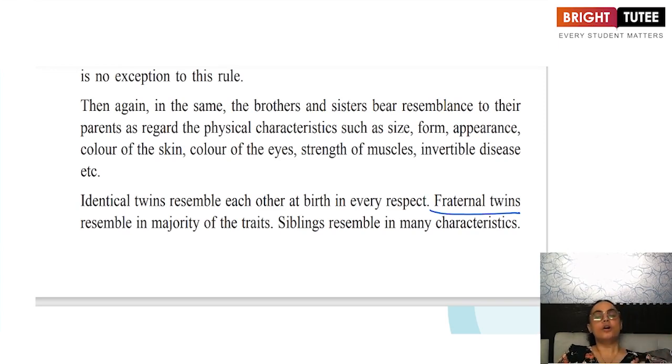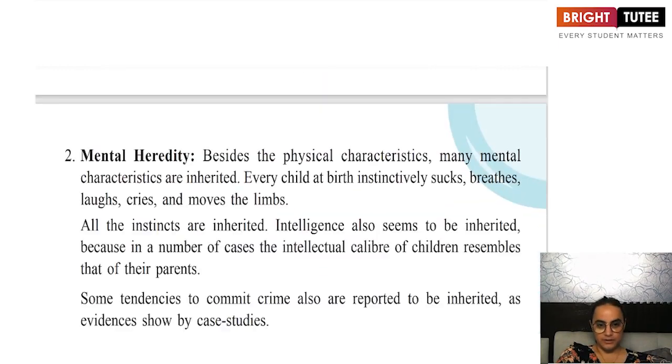But a majority of their characteristics are the same. Okay, identical twins are those who are exactly the copy of one another. Fraternal twins are those whose maximum characteristics are the same. And siblings are those who have a lot of common characteristics since they are born out of the same parent. So this is the biological heredity.